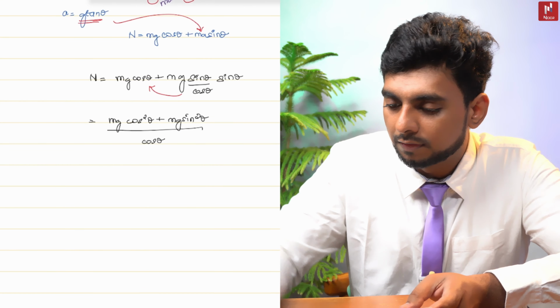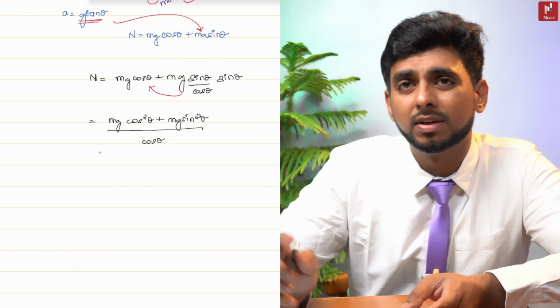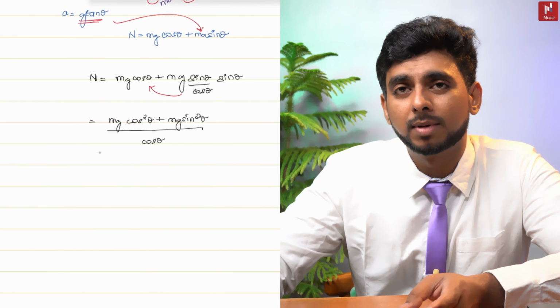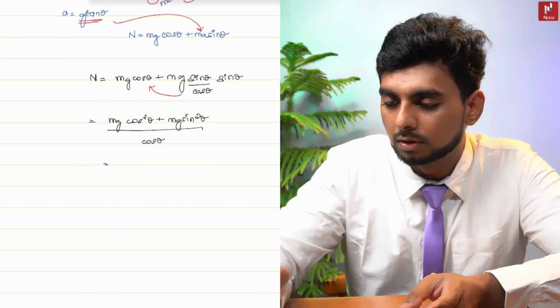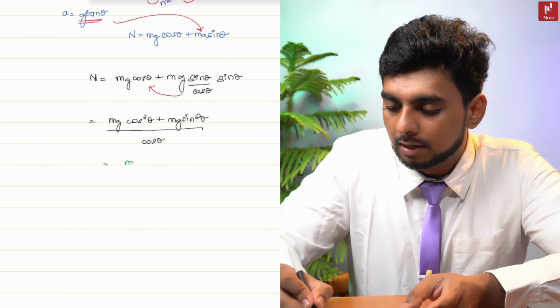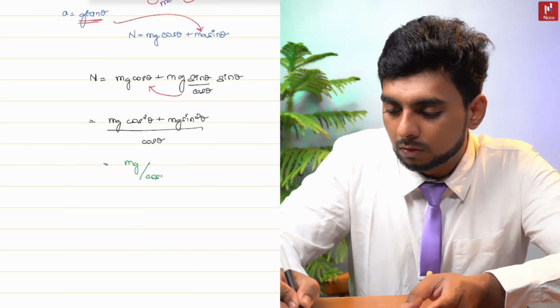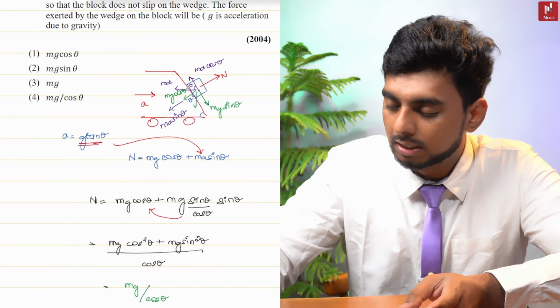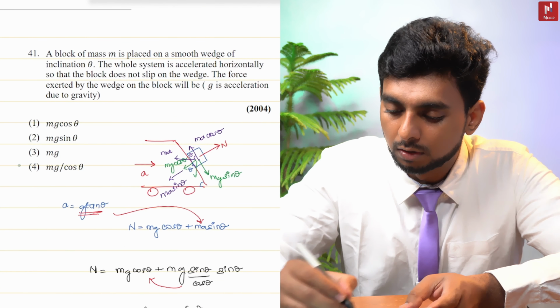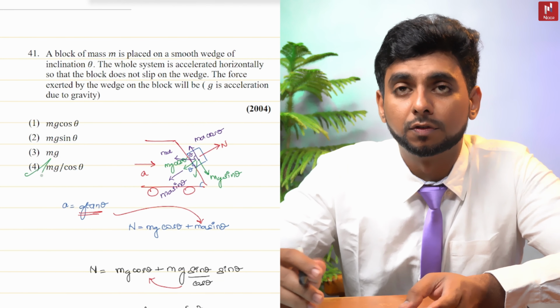Then if I factor out mg, inside the bracket you'll have cosine square theta plus sine square theta, which is obviously 1. So the final answer will be mg divided by cosine theta. Therefore the answer here is mg divided by cosine theta, which is option 4.